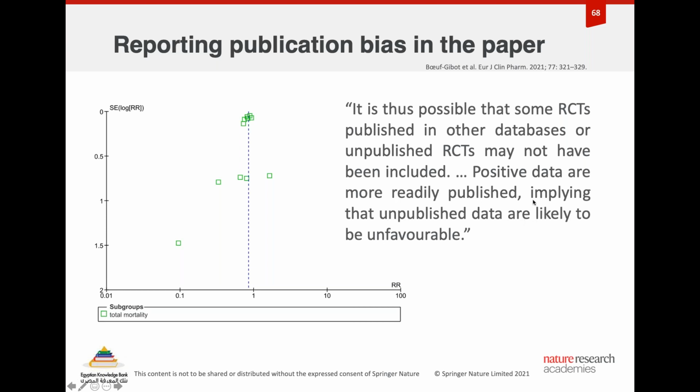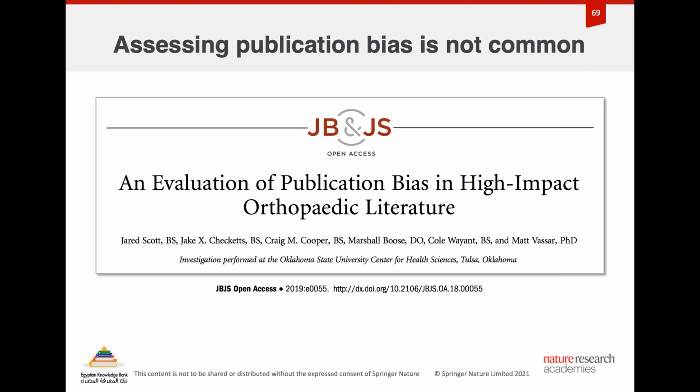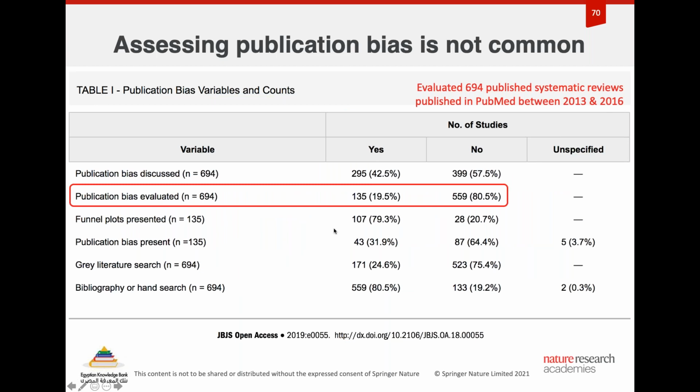So is publication bias problematic in systematic reviews and meta-analyses? Unfortunately, it is. Here's a recent paper published a couple of years ago where they wanted to evaluate publication bias in systematic reviews in orthopedic literature, and they evaluated 694 published systematic reviews in PubMed published between 2013 and 2016.